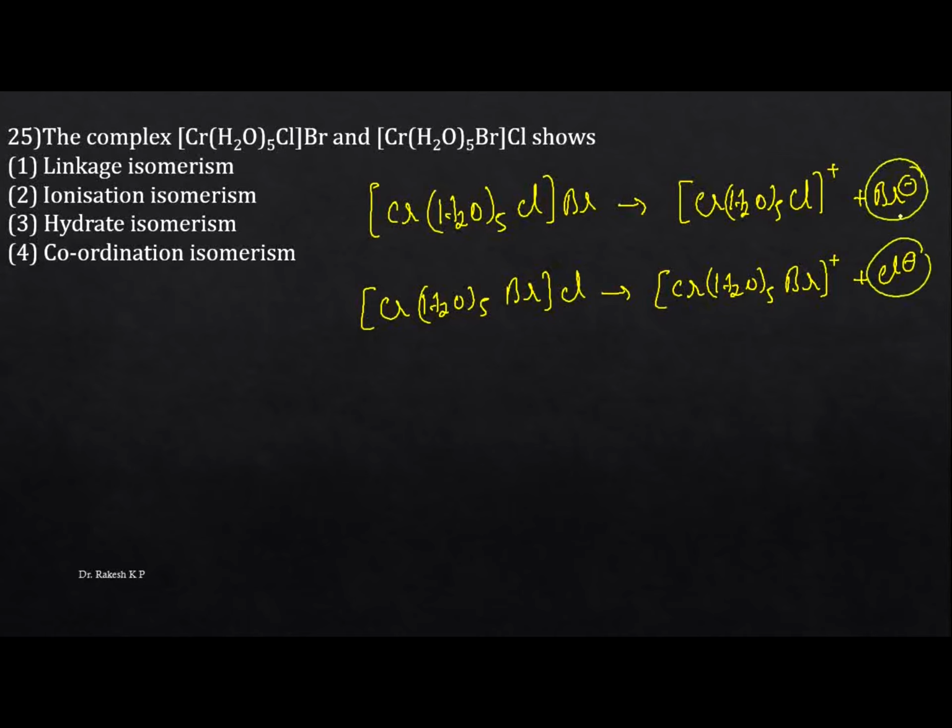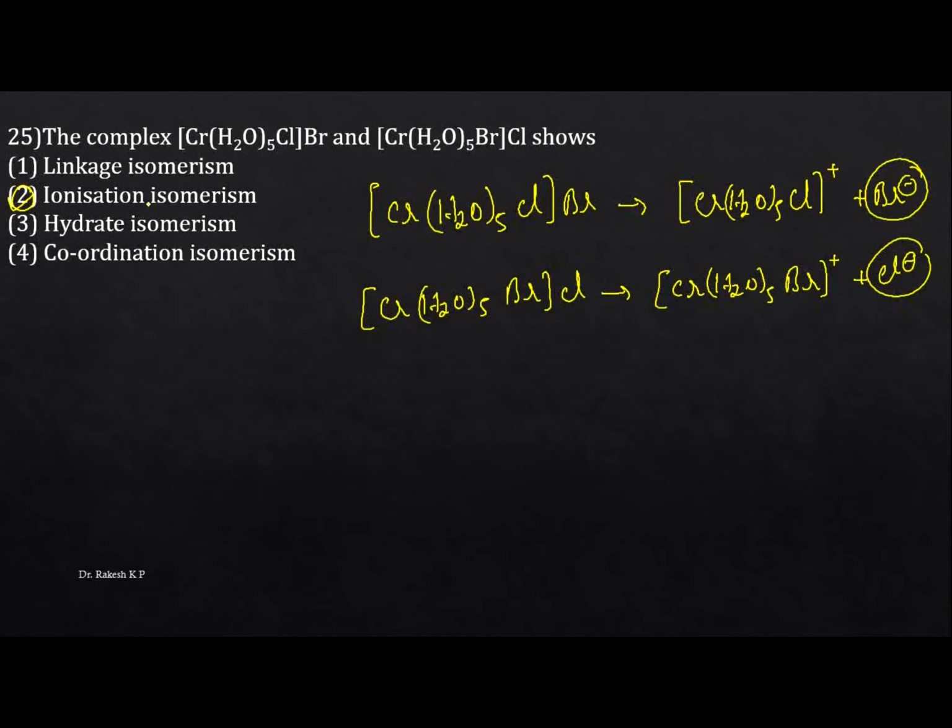One is the bromide ion, the next is the chloride ion. There is a difference in the formation of the ions here. Hence this refers to ionization isomerism. We can't identify hydrate or coordination isomerism, but in this particular complex it refers to ionization. Hence the option is the second one.